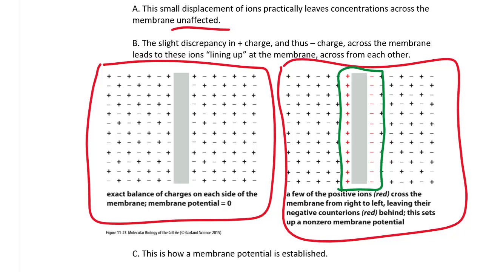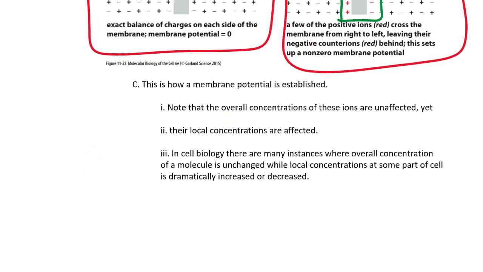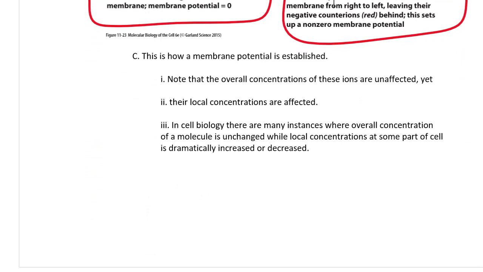You have a little bit more positive charge on the left-hand side, a little bit more negative charge on the right-hand side, because you moved positive charge from the right-hand side to the left-hand side. So now they're going to line up at the membrane because the system wants to go back to neutrality, but the membrane is getting in the way. So it sort of works as a capacitor. You can think of it as a capacitor. This is how a membrane potential is established.